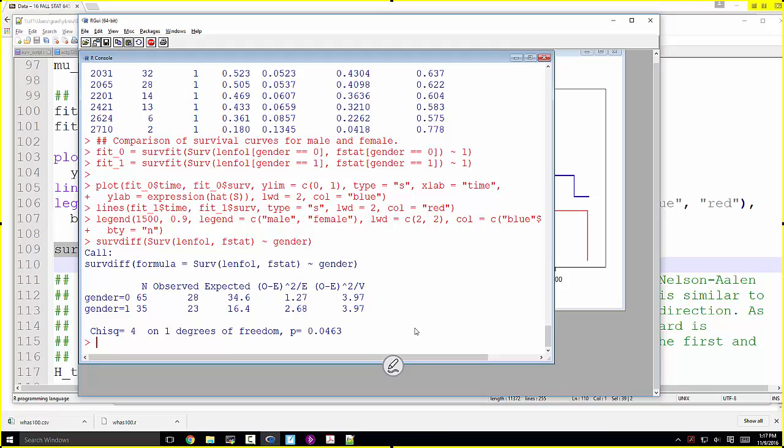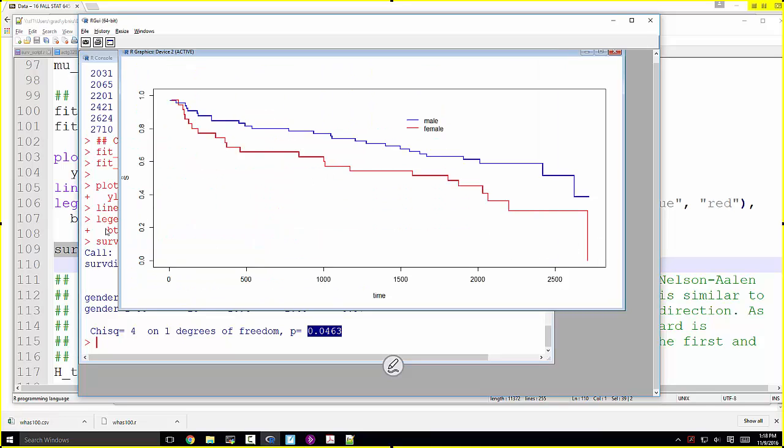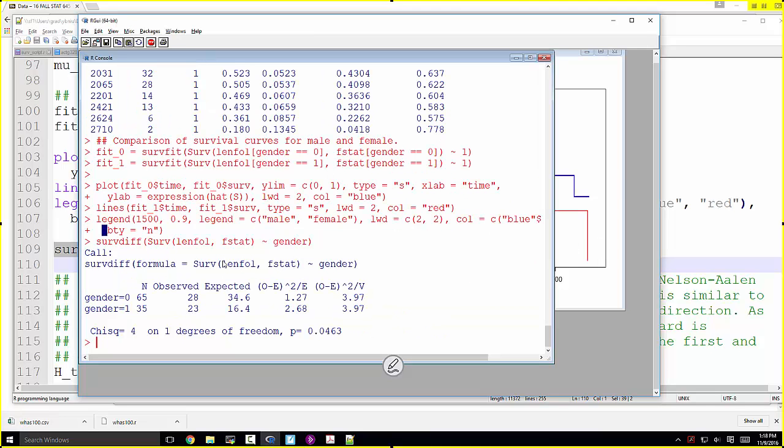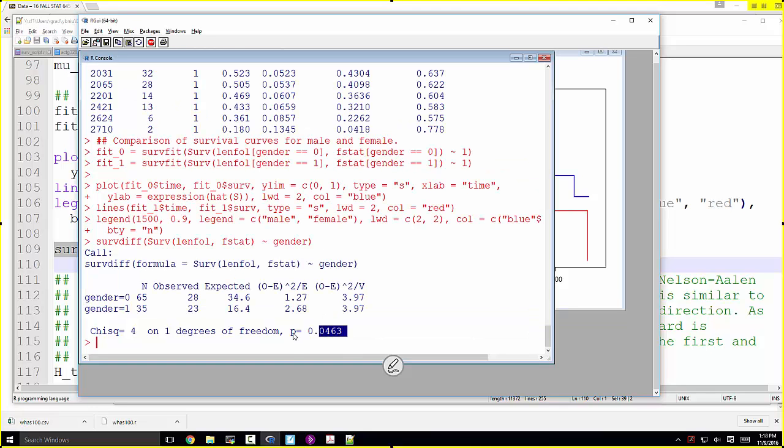Although that's not as small as I might expect. Fit 0. Yeah, that's the right picture. There must just be a fair amount of uncertainty around these estimates for the p-value to be that not tiny.